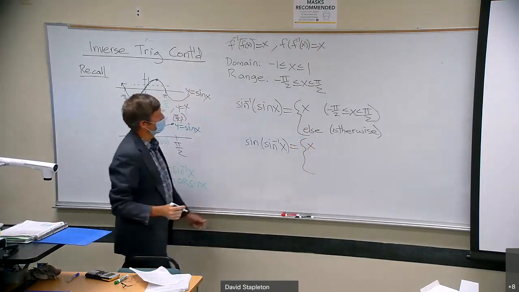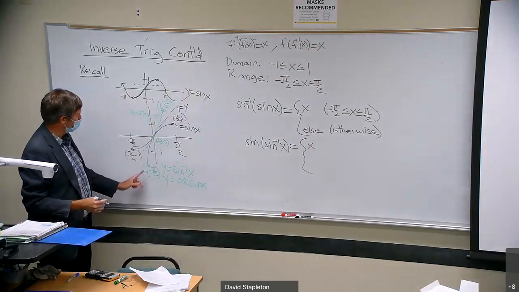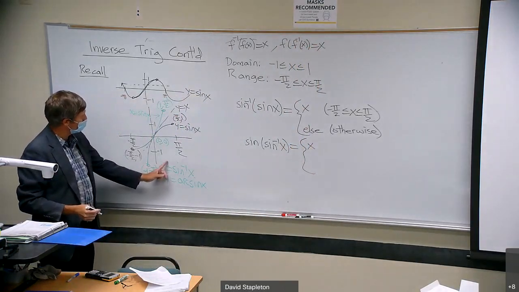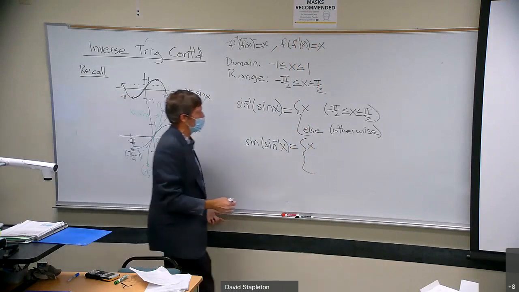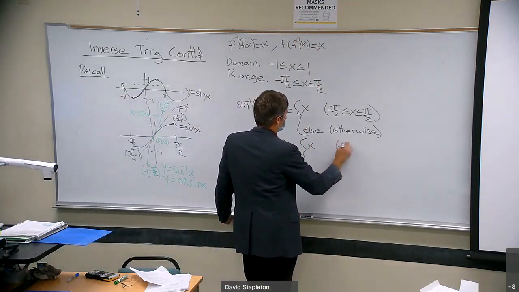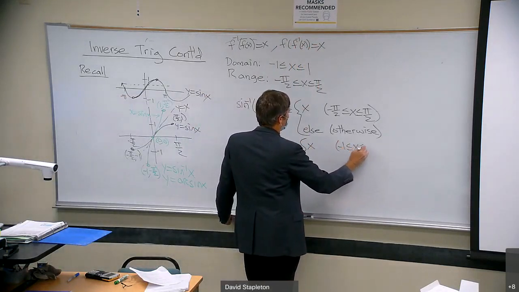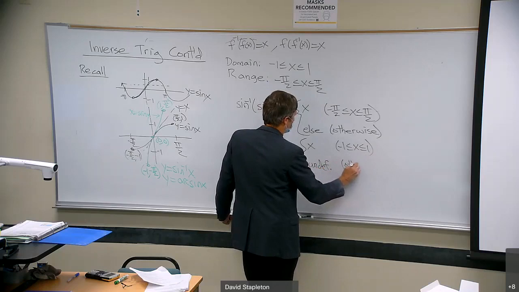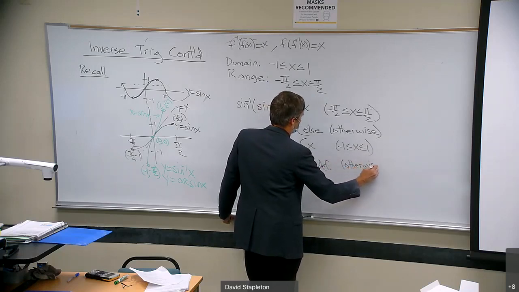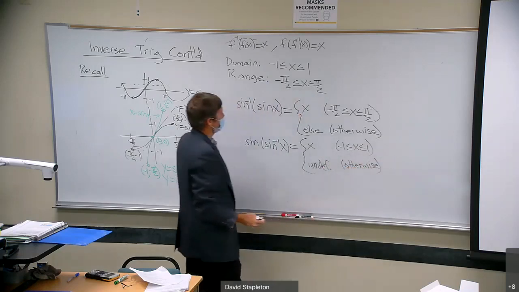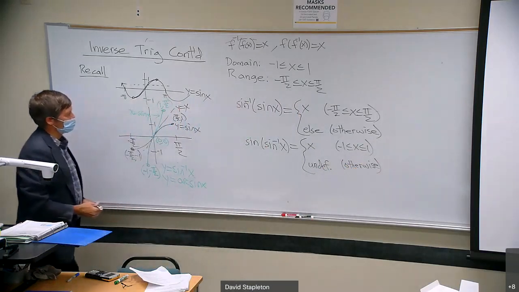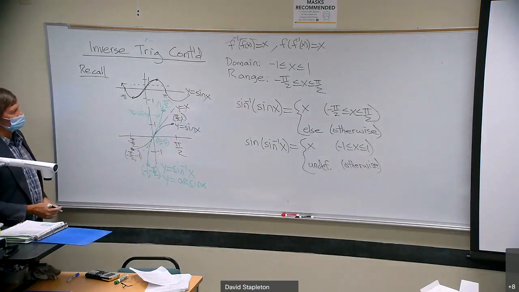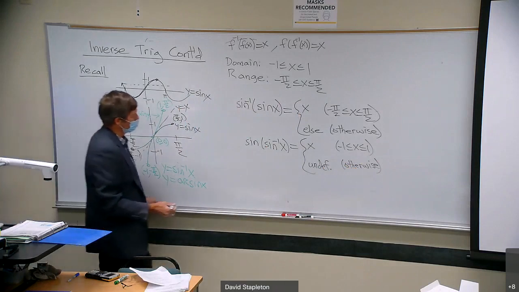However, even though it always works for all x in the domain, the domain of the arc sine is only minus 1 to 1. Those are the only x coordinates you have. So we'll put this disclaimer on it. The function is only defined for x between minus 1 and 1. Undefined otherwise. So those were the properties of the inverse sine function. I hope this isn't too much review, but I think it's kind of important.